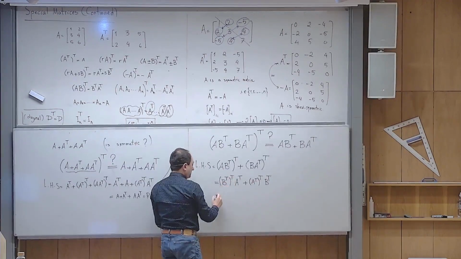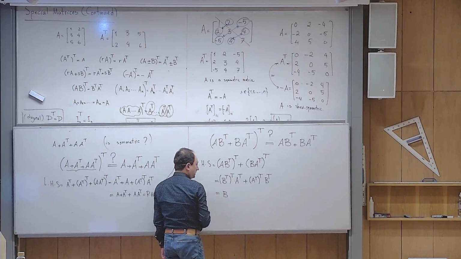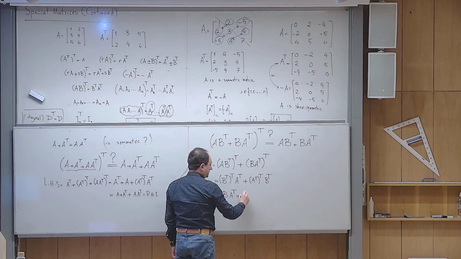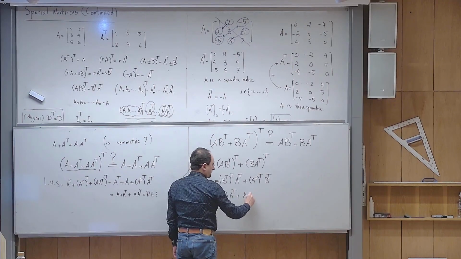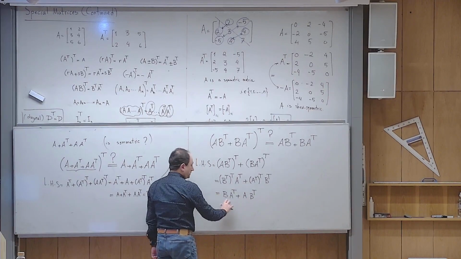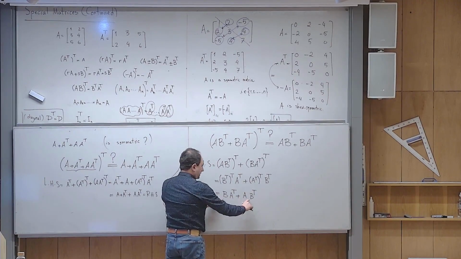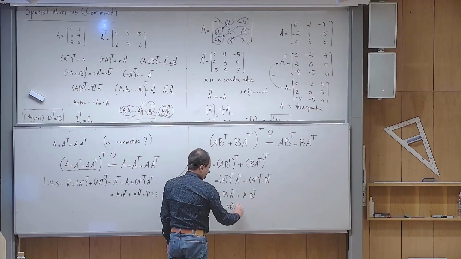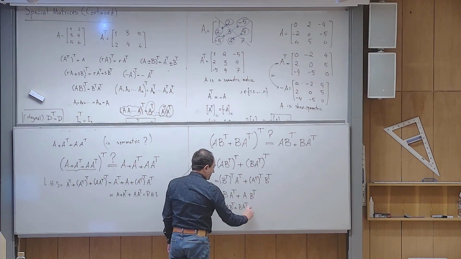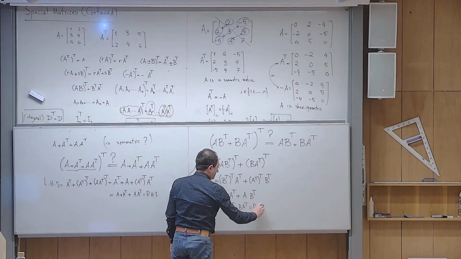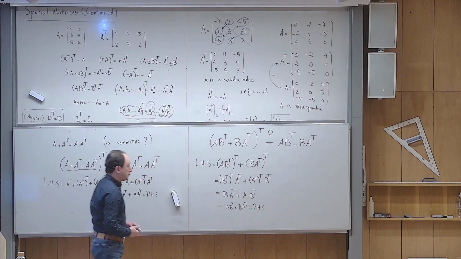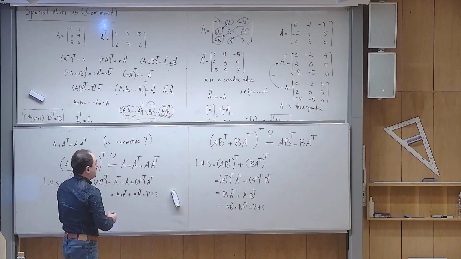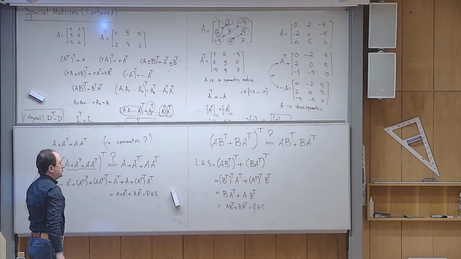But again, we know that B transpose transpose is B, multiplied by A transpose. And similarly, this becomes A, and this is B transpose. But this is commutative, so I can interchange these two. And this is equal to the right-hand side. Yes? So this is an exercise where you need to know the rules.